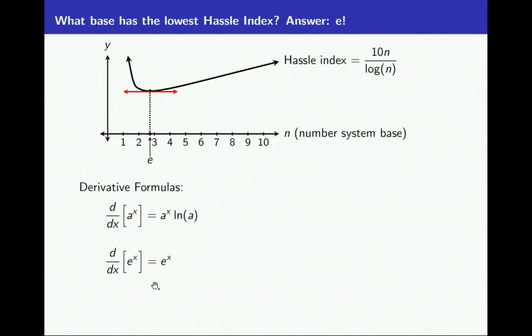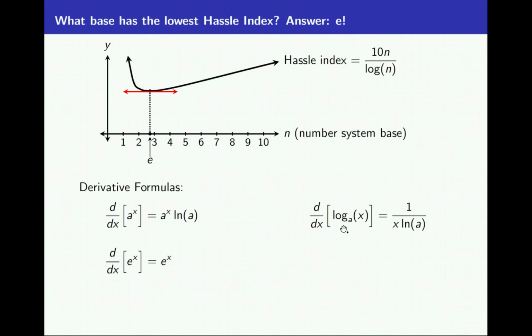You're going to get the derivative of the natural exponential function e to the x is itself, e to the x. Look how much simpler the formula is when you have base e. Compare the answer a to the x ln of a with the simple answer e to the x. So we get a much neater derivative if the base is e.